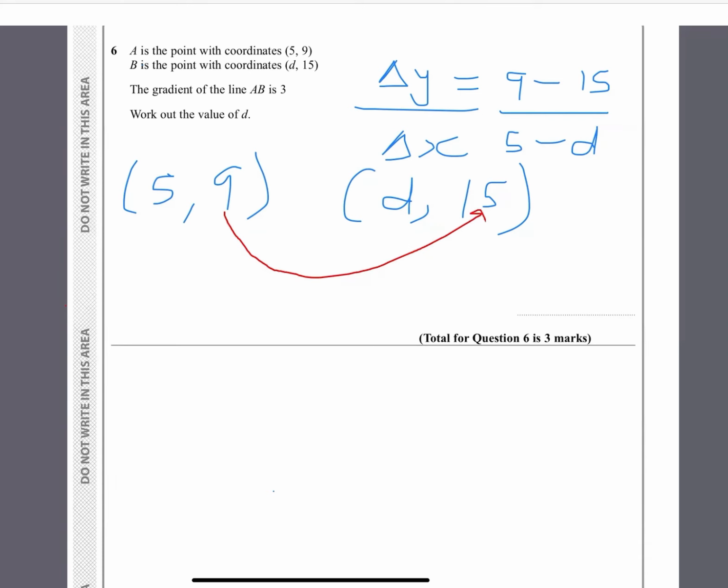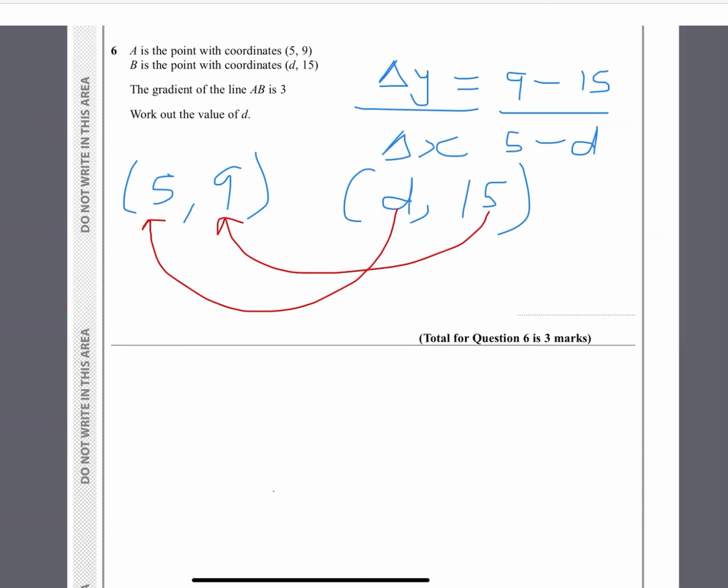You saw how we moved for the y. We are going to move the same way for the x, and that's 5 minus t. I was saying if you moved the other way, from 15 to 9, you also move from here to here.